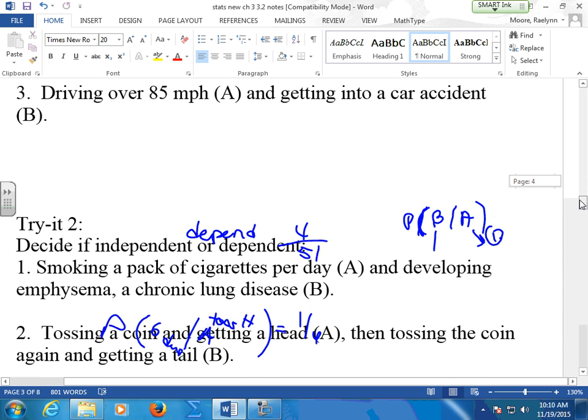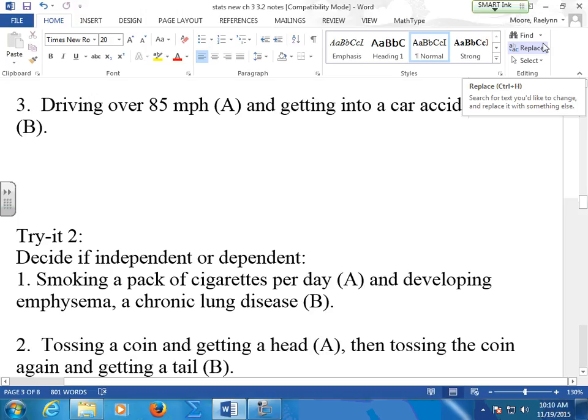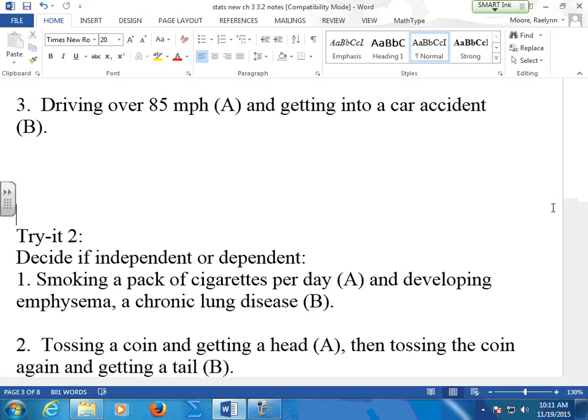So you guys take a look at number 3. This has a little subjectivity in here. Which one is going to happen first? Okay, not a great example here, but driving first. This is driving over 85 miles an hour. This is B, getting into a car accident.